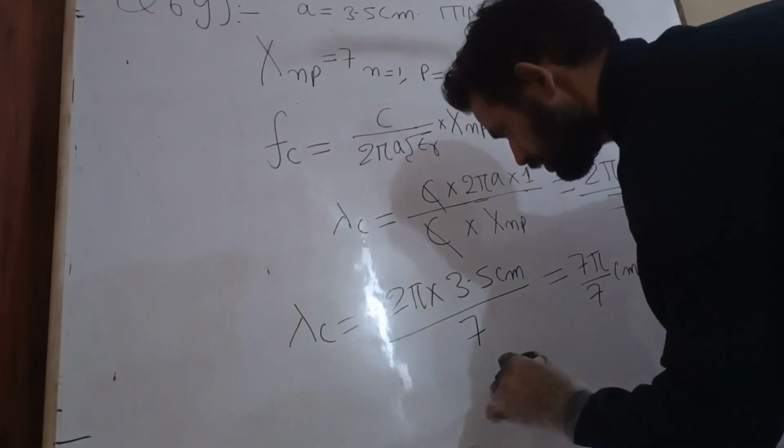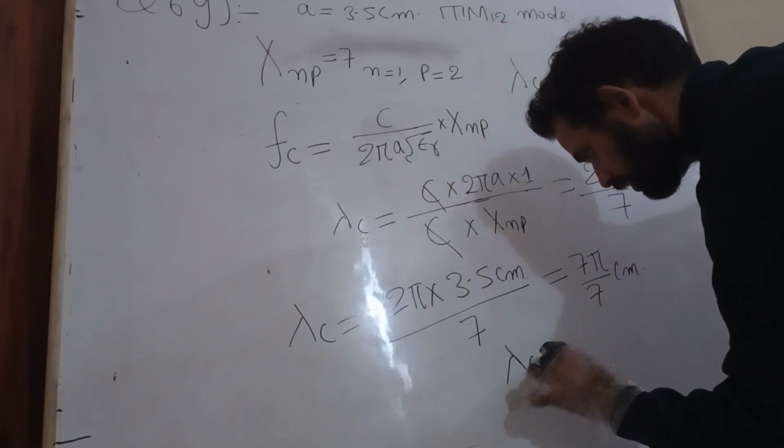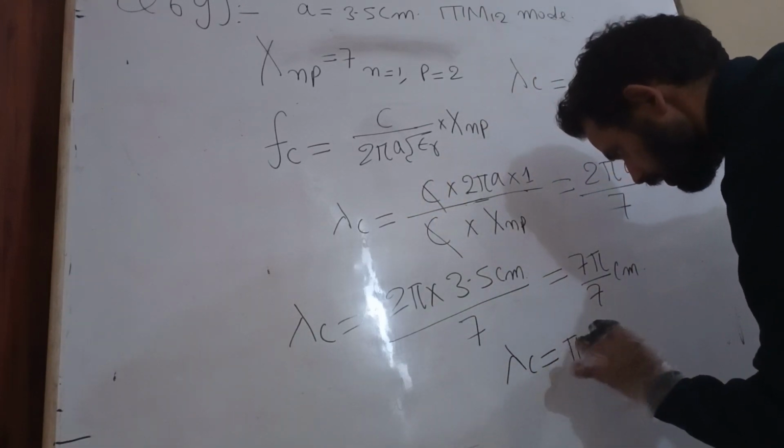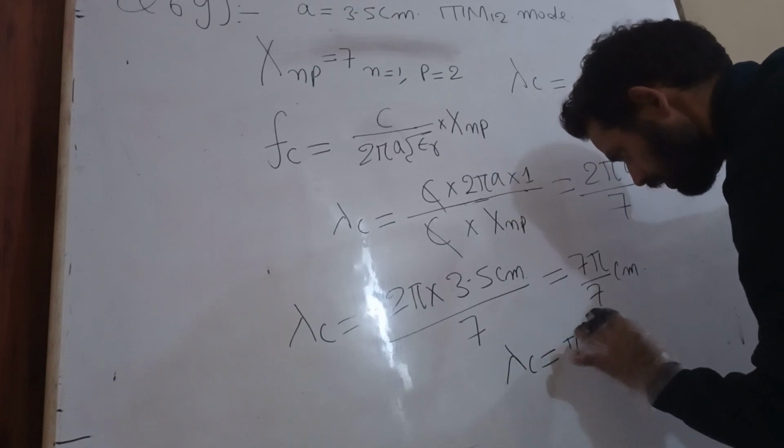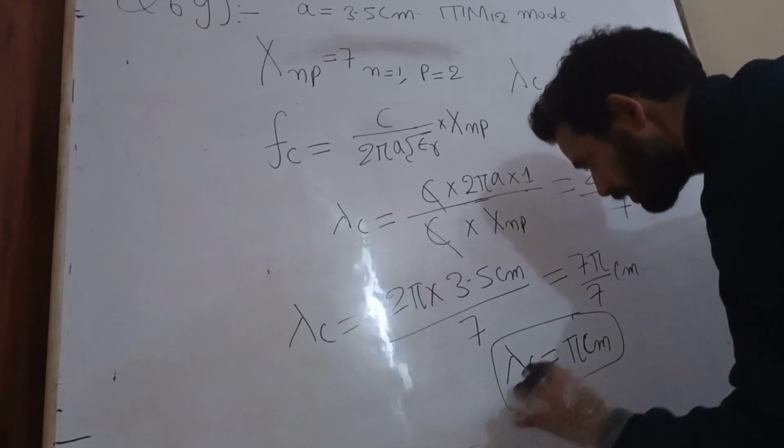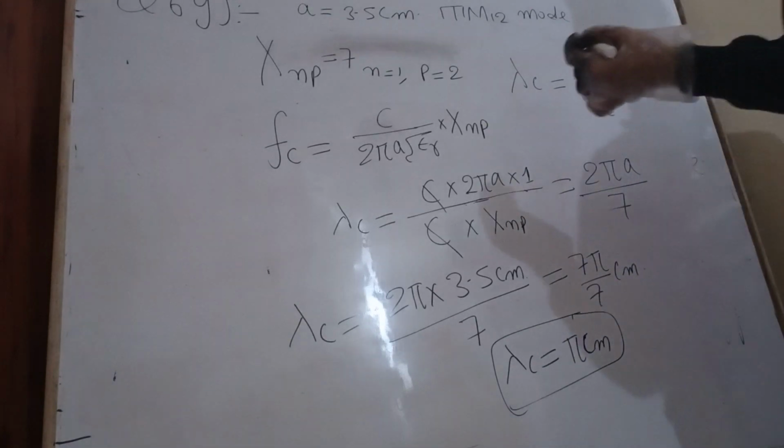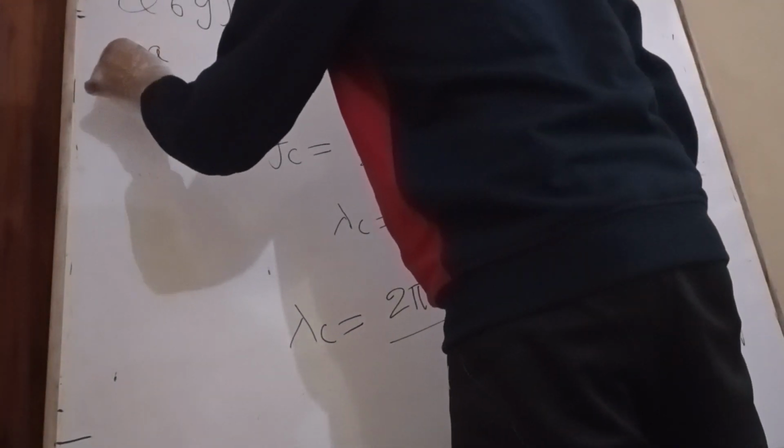So the cutoff wavelength is pi centimeter. For that we can say option A is correct.